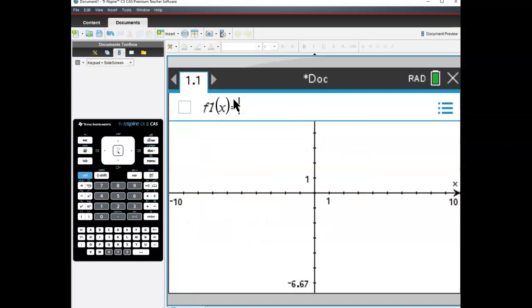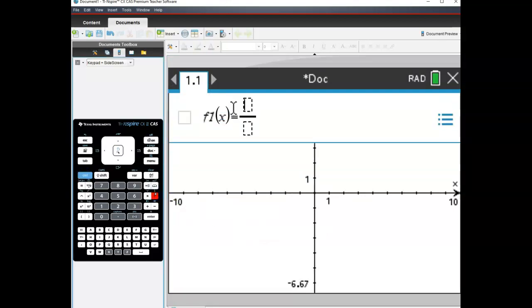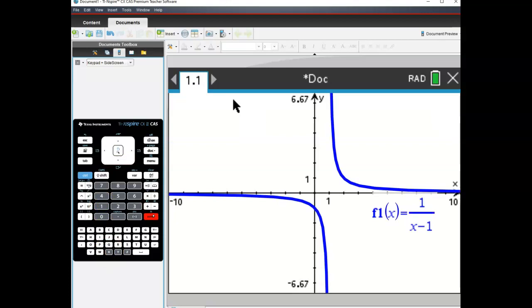I'm going to take this first one and make a fancy fraction of 1 divided by x minus 1. And I'm going to look at Shazam. Hey, I can see I have a vertical asymptote right here at x equals 1, because I can see I'm going up and down there, and I can see horizontally I'm getting snug as a bug in a rug to 0 from both the top and the bottom there, okay?